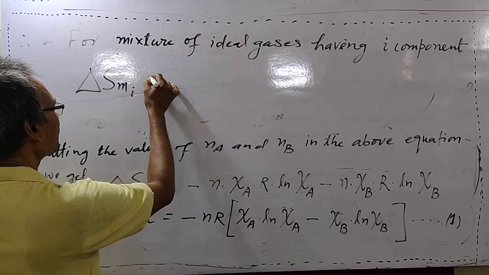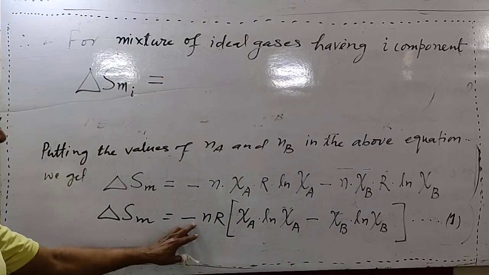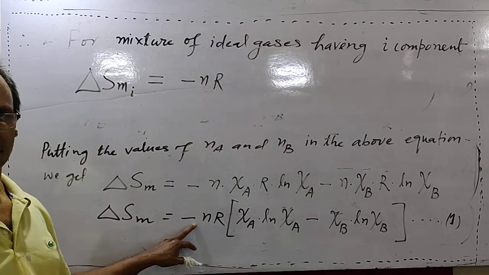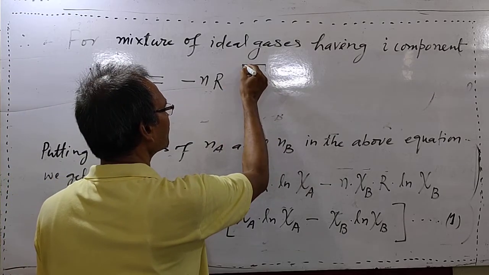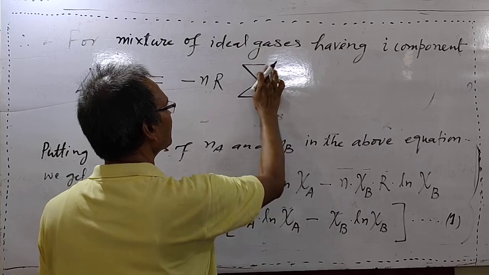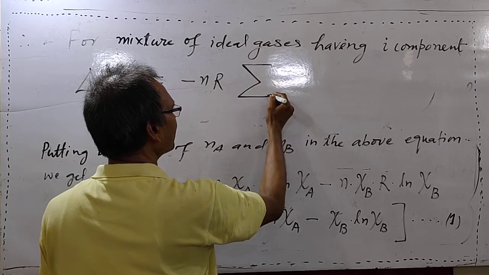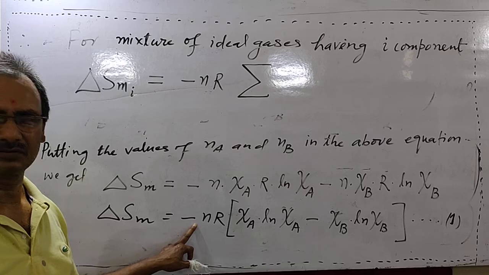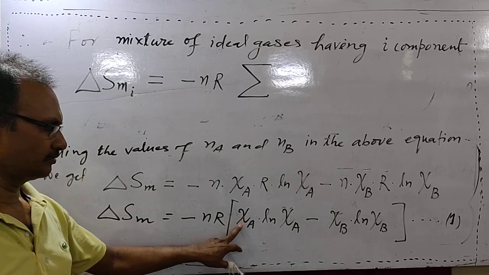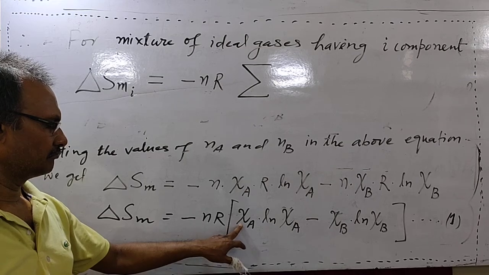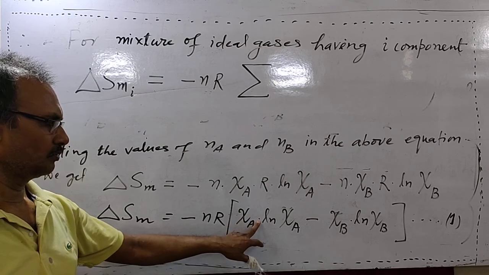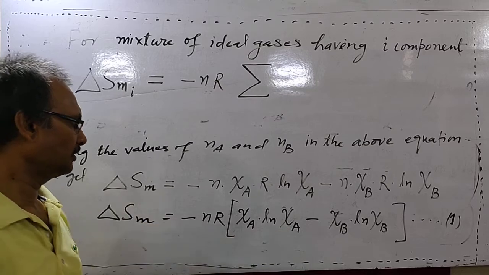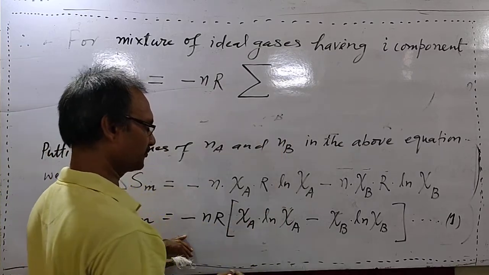The change in entropy will be equal to minus nR summation of the product of mole fraction into logarithm of mole fraction of all the components.